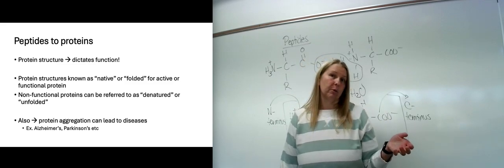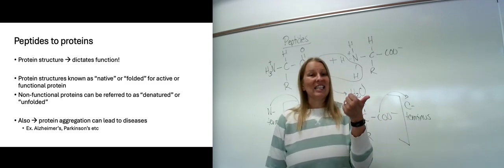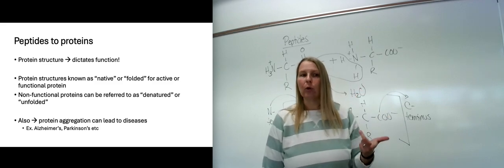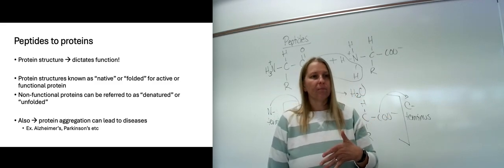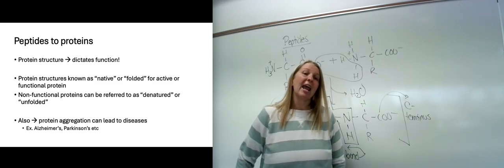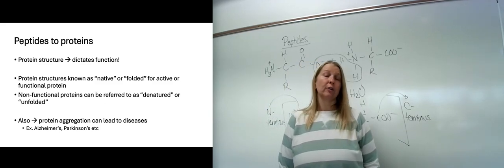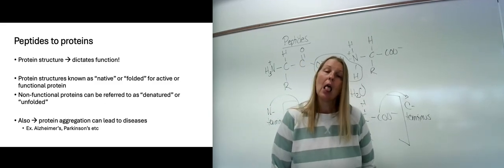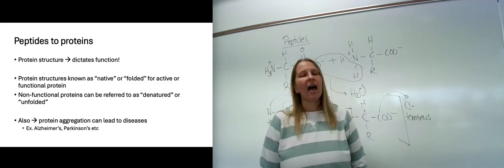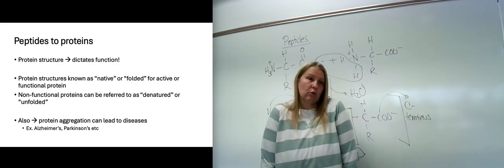A non-functional protein can be referred to either as denatured, so native, denatured, or folded, unfolded protein. So a native protein has the correct structure and therefore the correct function. But if we take away that structure, or we denature the protein, then we have the incorrect structure and function.